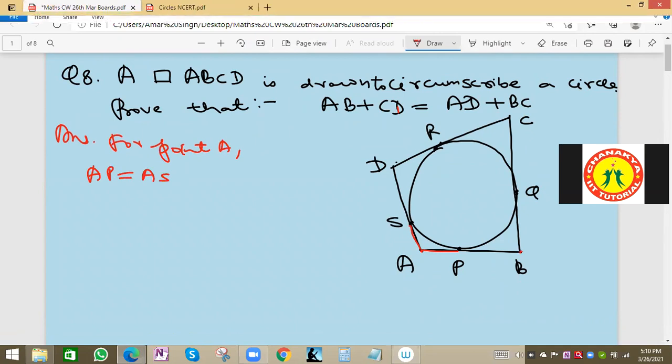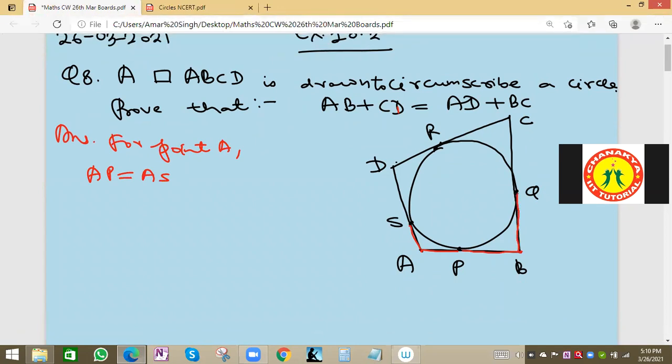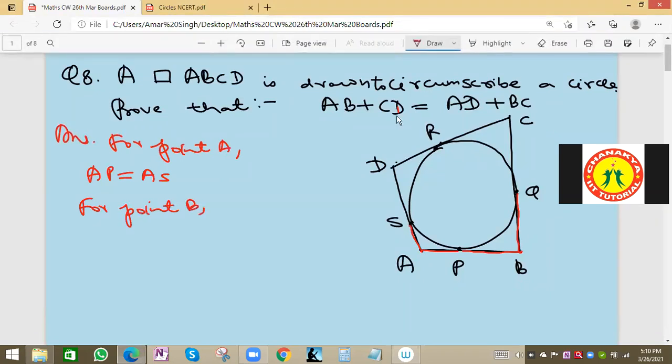For point B, BP and BQ will be the tangents. Okay, done, Apurva, good. For point B, BP equals BQ. This is equation 1. Equation 2.